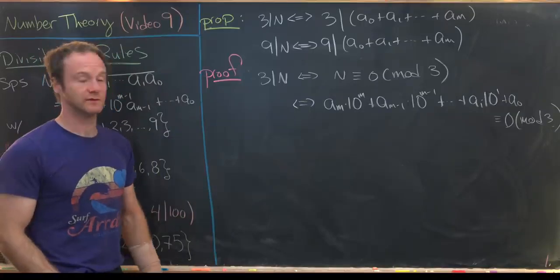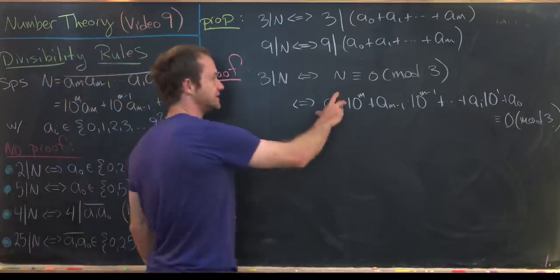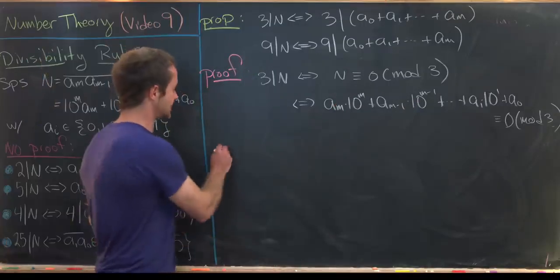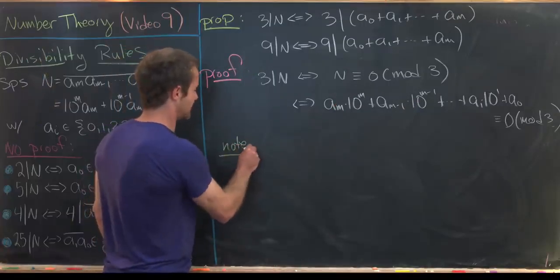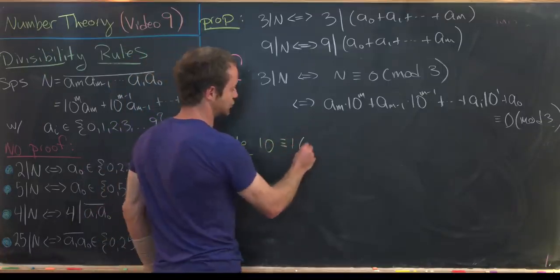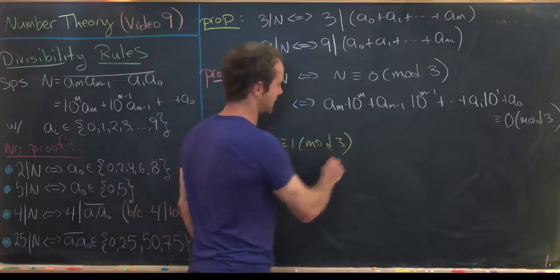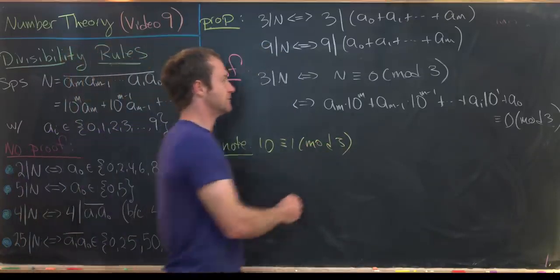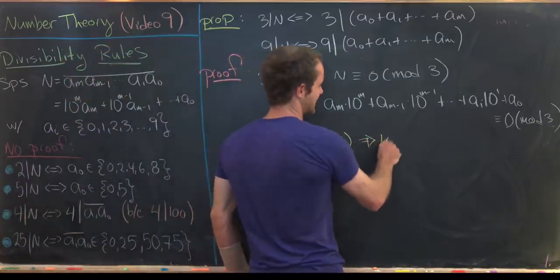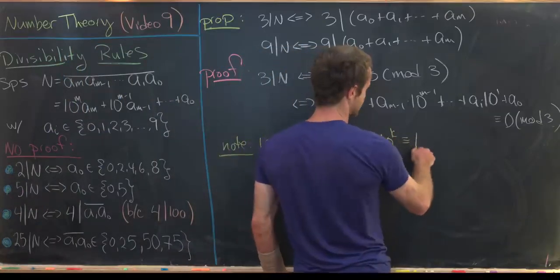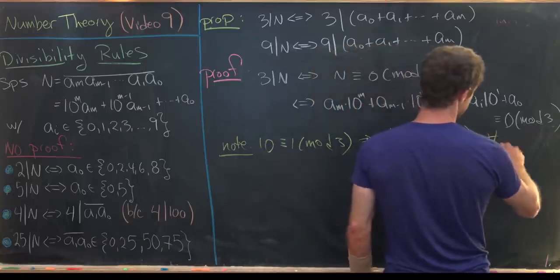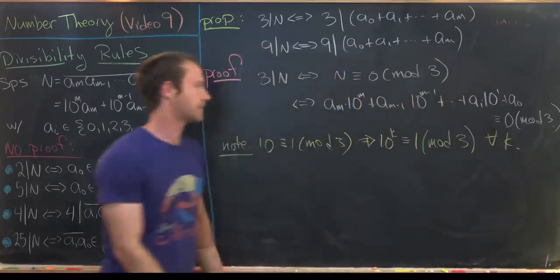But now what we can do is reduce each of these guys modulo 3. So let's note that the number 10 is congruent to 1 mod 3. Well, why is that? It's because it's 1 more than a multiple of 3. But that tells us that 10^k is congruent to 1^k, which is just 1 mod 3. This is going to be true for all k.